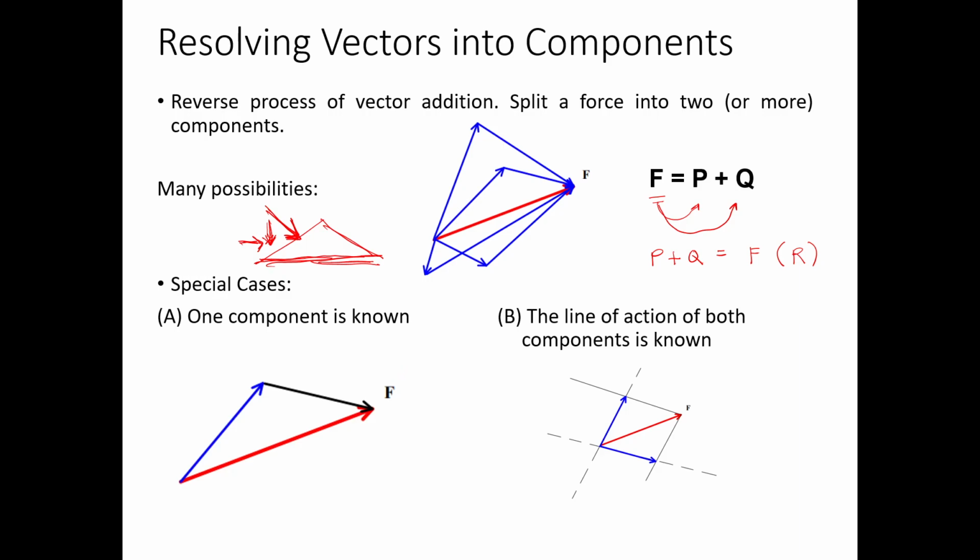And it's much easier to understand the distribution of forces if we have horizontal and vertical components of our load. Right? Going up, going down, going right, and going to the left forces rather than analyzing diagonal forces. Okay.